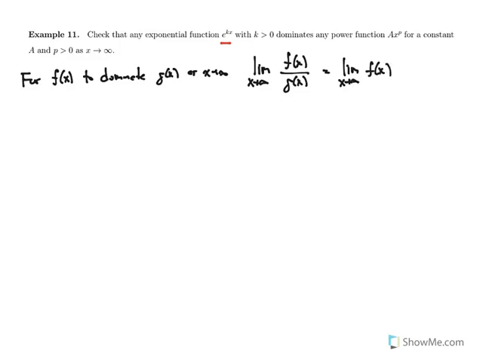That f is so much bigger than g, or equivalently, g of x over f of x is equal to the limit of 1 over f of x, and that would actually be equal to 0, where this would be equal to infinity. That's what it means to dominate functions.